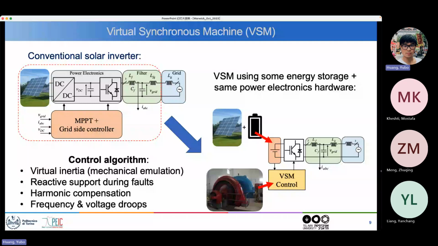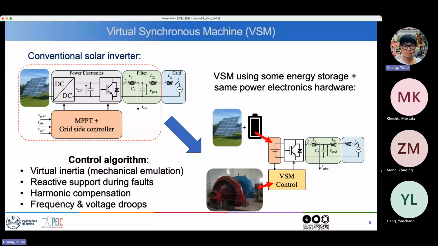So the idea that my group is trying to push is that instead of completely reinventing the power grid according to new principles, we want to keep it the same. And this is also much easier for the power system operators because they can continue to work in the usual way. And the idea is that we include the equations of the synchronous generator into the control of the conventional inverter.